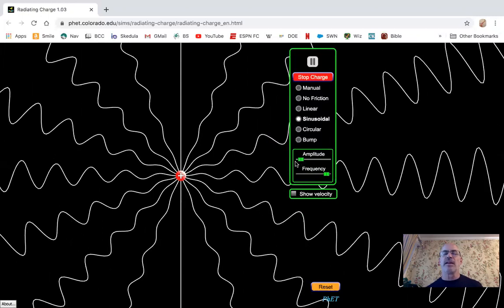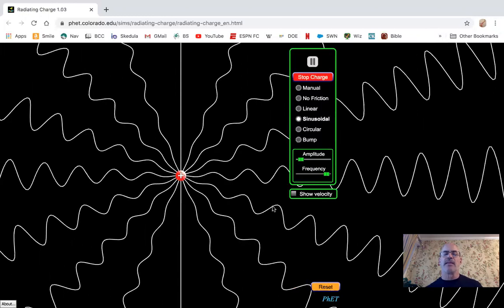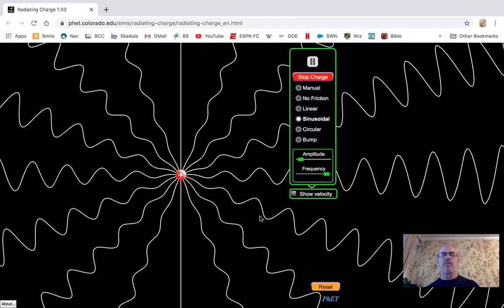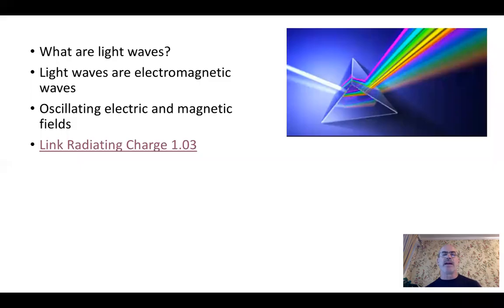So in other words, the electric field is oscillating. It's a little more complicated, and if you want to learn more about this, I linked a video. But an oscillating electric field, because it's a changing electric field, produces a magnetic field. We learned that moving charges produce magnetic fields, and changing magnetic fields produce electric fields and electric currents.